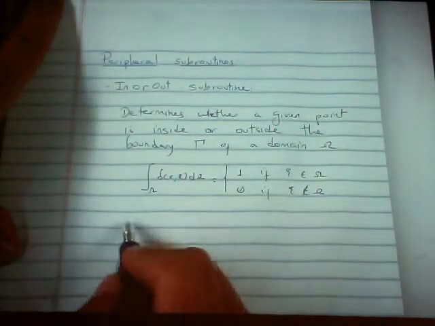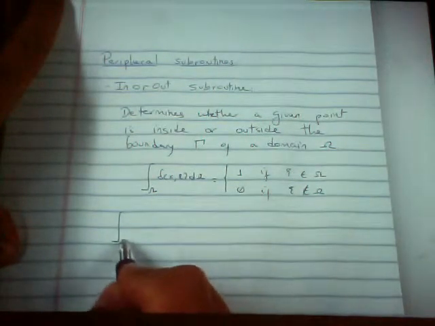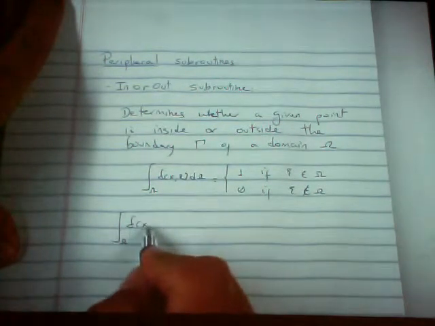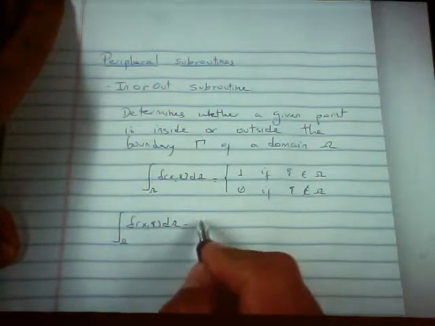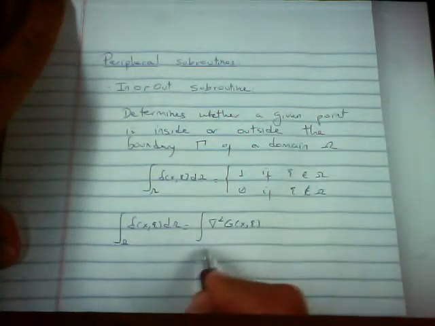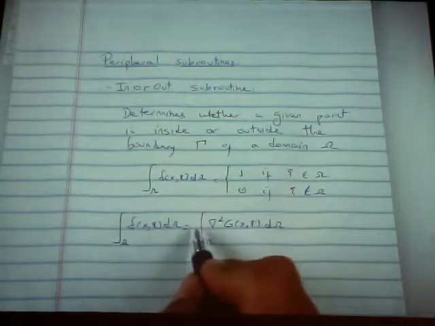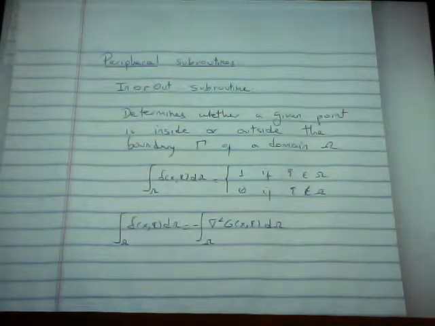And how do we carry out this integration? We know that this is equal to the Laplace of the Green's function, because the Dirac delta function is actually the negative of the Laplace of the Green's function.